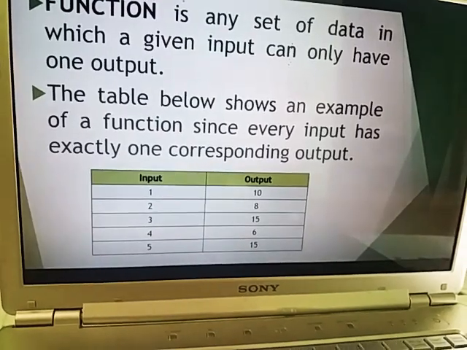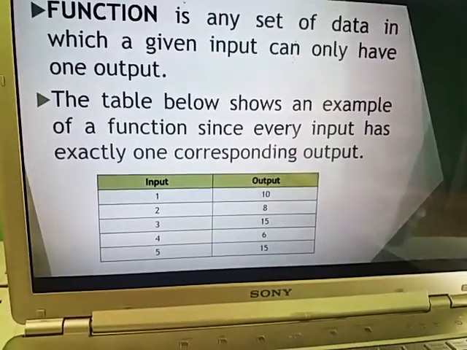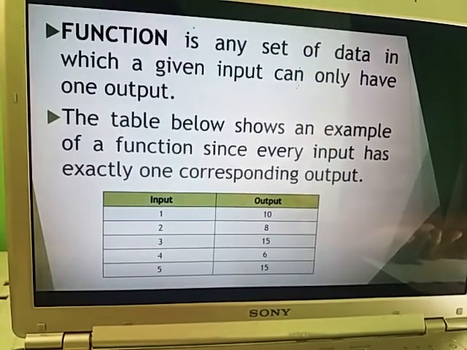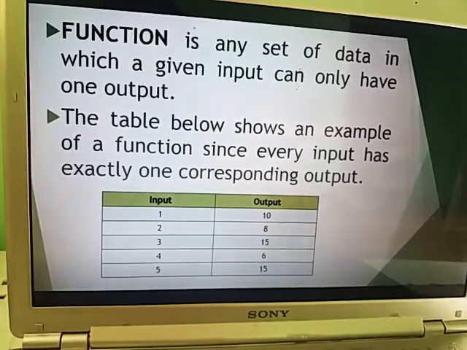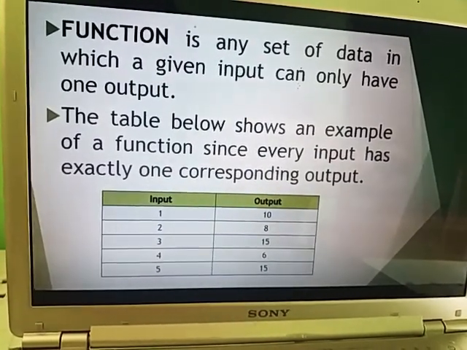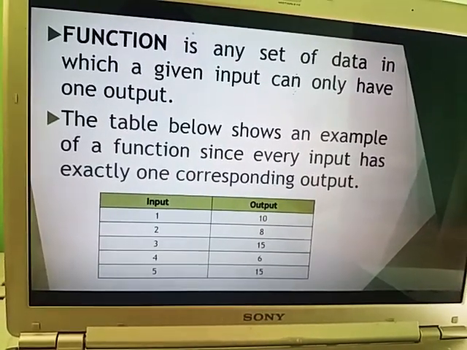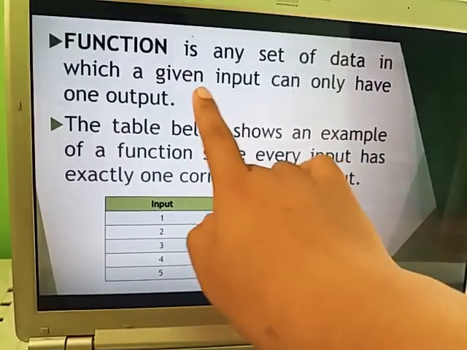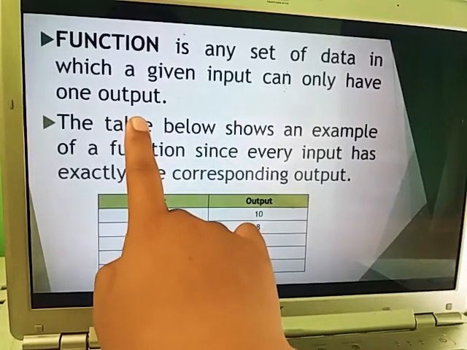Why is it that there is a 15 here and a 15 here? Is it possible to be a function since it says that a function is any set of data in which a given input can only have one output? Yes. Ang sinasabi dito, yung bawat input, kailangan meron siyang iisang output.